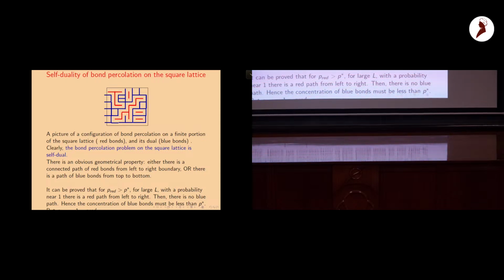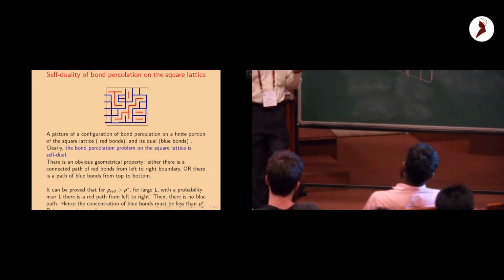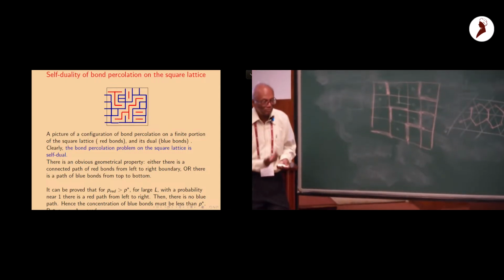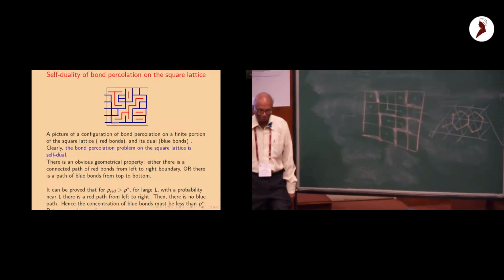And you can check, they actually form what is called a honeycomb lattice. Okay, the red lattice is the dual lattice to the triangular lattice, the honeycomb lattice. So the bond percolation problem on the triangular lattice will correspond to the bond percolation problem on the hexagonal lattice. The dual of this problem will be that one. But on the square lattice, the dual is the same problem.